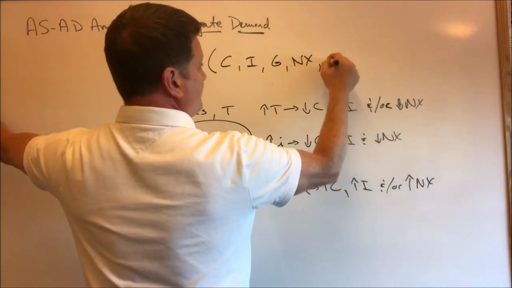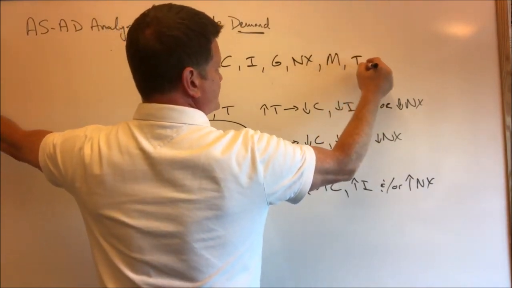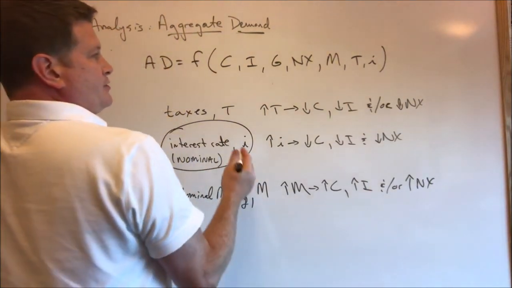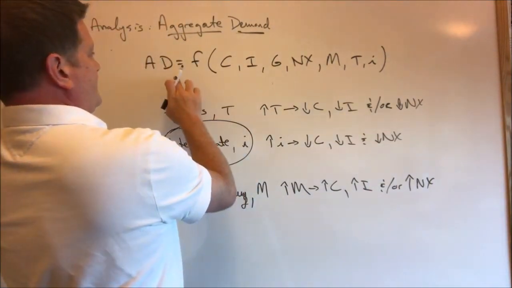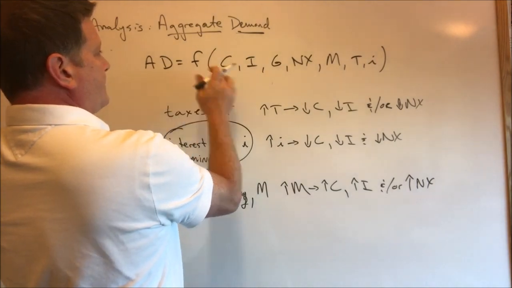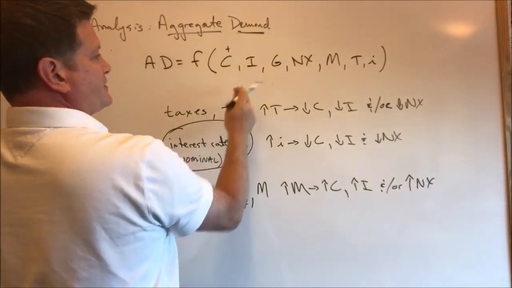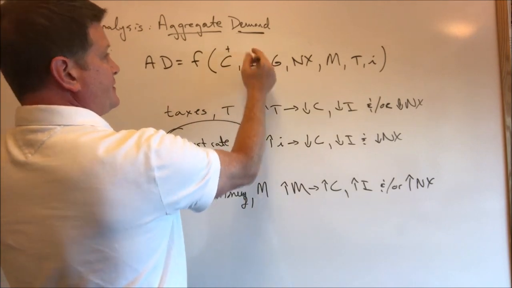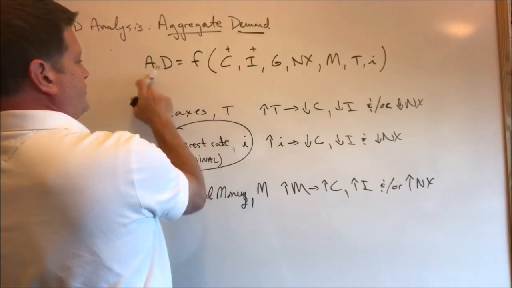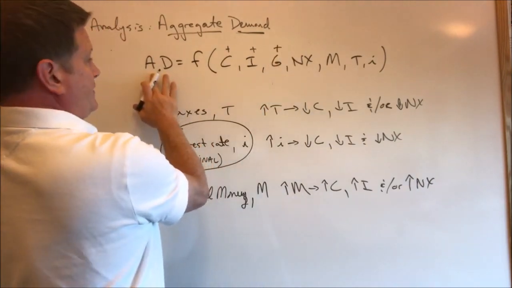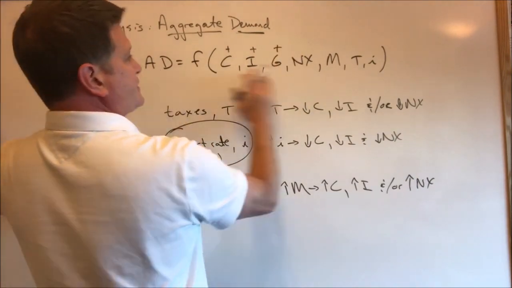Then you also have money, taxes, and interest rates. I like to use the shorthand that increasing consumption increases aggregate demand, so I put a plus. Increasing investment increases aggregate demand, so I put a plus. Increasing government spending means more demand in the economy, hence a plus.